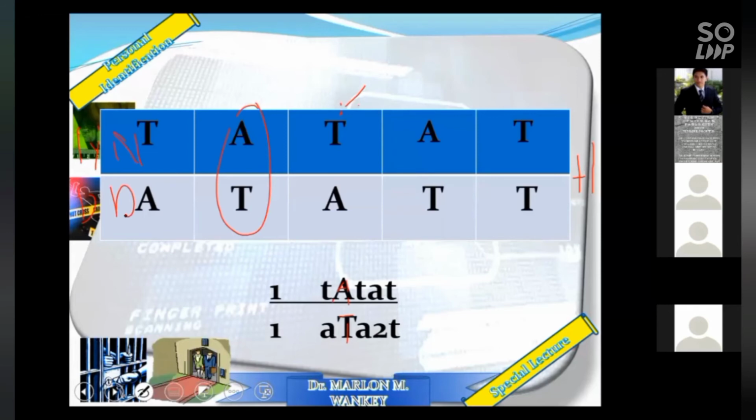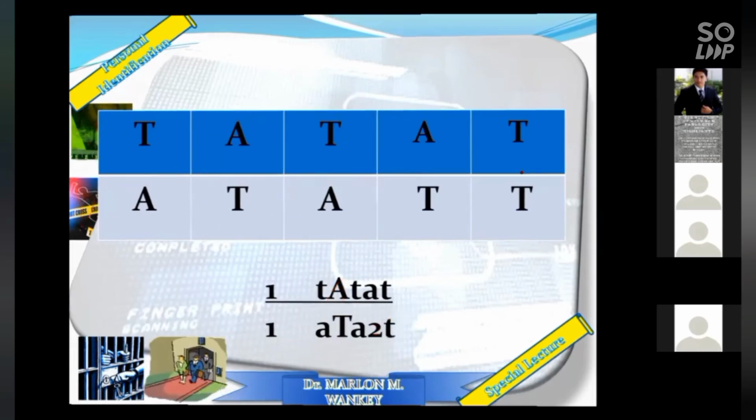Let us correct this one. I made a mistake in my typing. This is not a square. Supposedly, this is the T. It's 2T, not A squared but 2T.